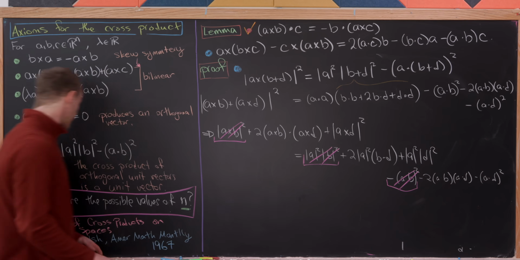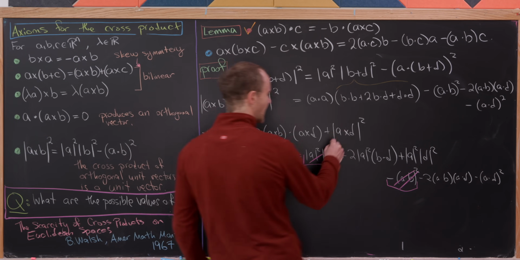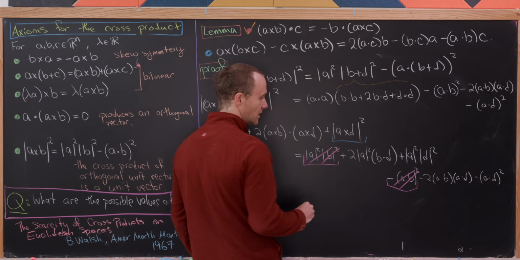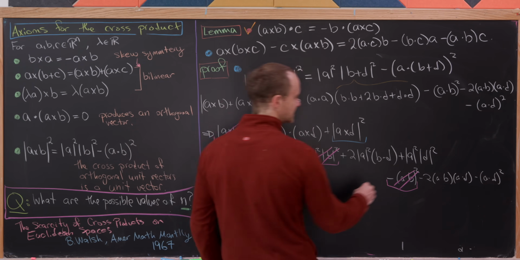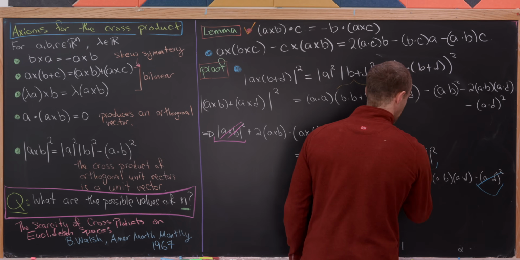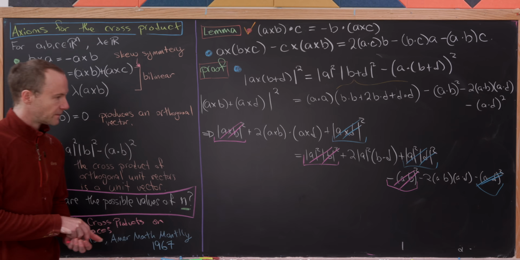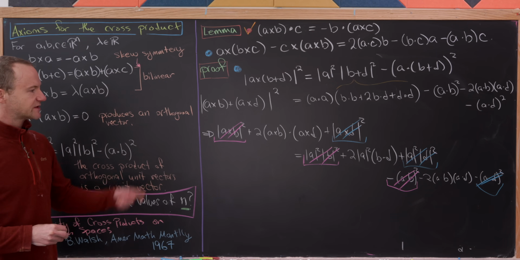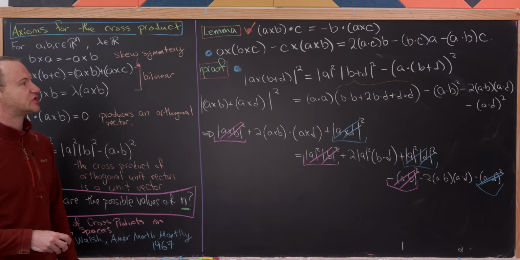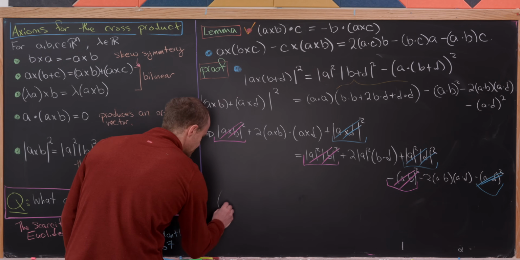And then furthermore, if we replace b with d, we know this a cross d squared will be equal to, let's see, this a squared d squared minus this a dot d squared. So those will cancel as well. And after that, that leaves us with everything connected to a 2. So that means that we can divide both sides by 2, and we have this nice formula.